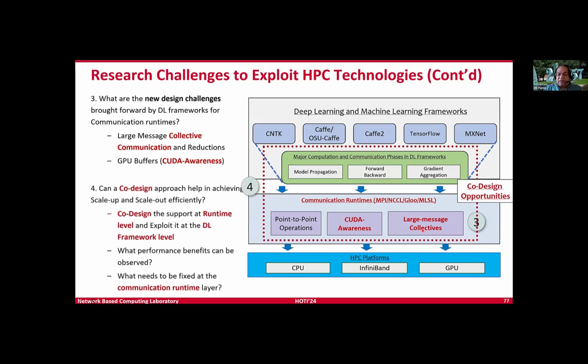And then the fourth challenge, as you can expect, is co-design. The concept of co-designing has been there in the HPC field for many years, and that's what is also coming back here. You need to see, starting from the very top level, your different kinds of models, then you are using frameworks, and then below you have an MPI library, below you have the hardware. So is everything actually working together?